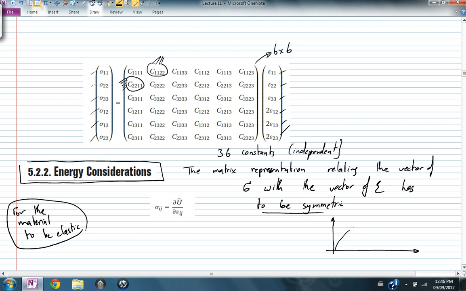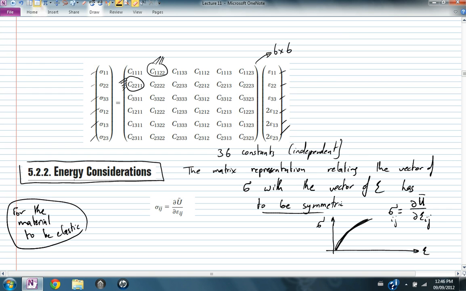Since loading and unloading, I'm always following the same curve, then sigma in this case is equal to what I call a strain energy, which we will cover closer to the end of the course, but it's the partial derivative of this strain energy, or the energy that's stored inside the material, with respect to the corresponding strain.